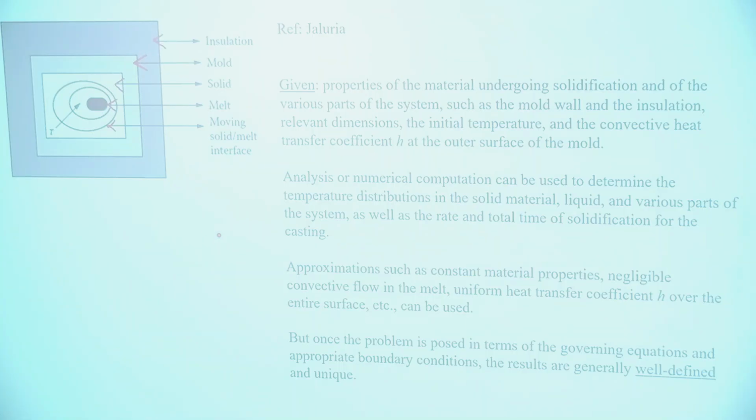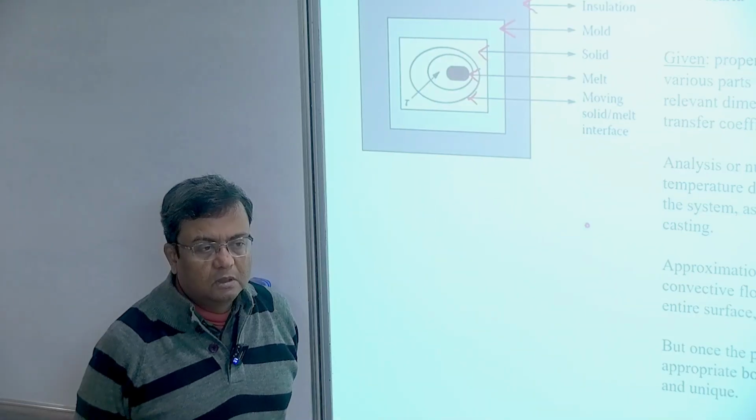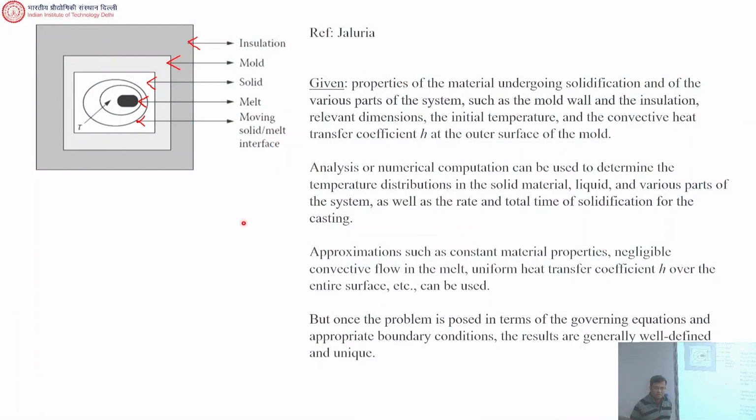In the last problem, cooling of electronic component, you agreed that you are going to get a unique solution. Here also you are going to get a unique solution if all details are given to you, correct? So this is again an analysis problem.